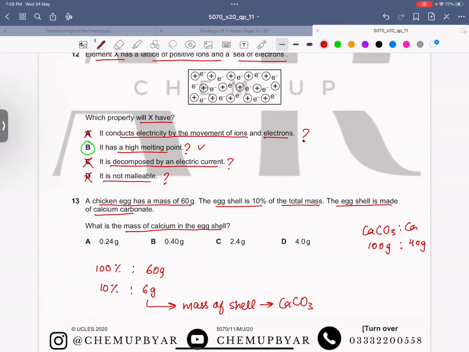If it's 6 grams, then what is the mass of calcium? X can be calculated by 6 times 40 divided by 100, which is 12/5, I think 2.4.